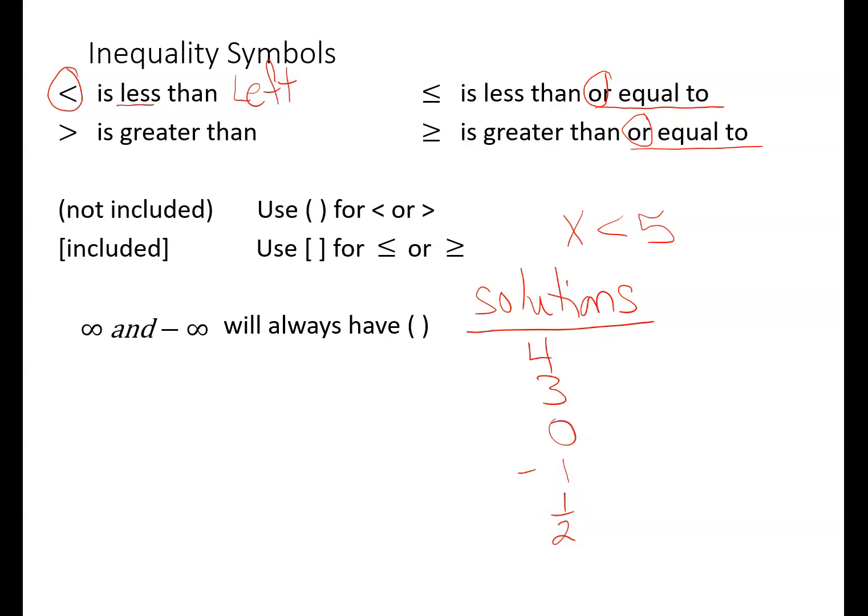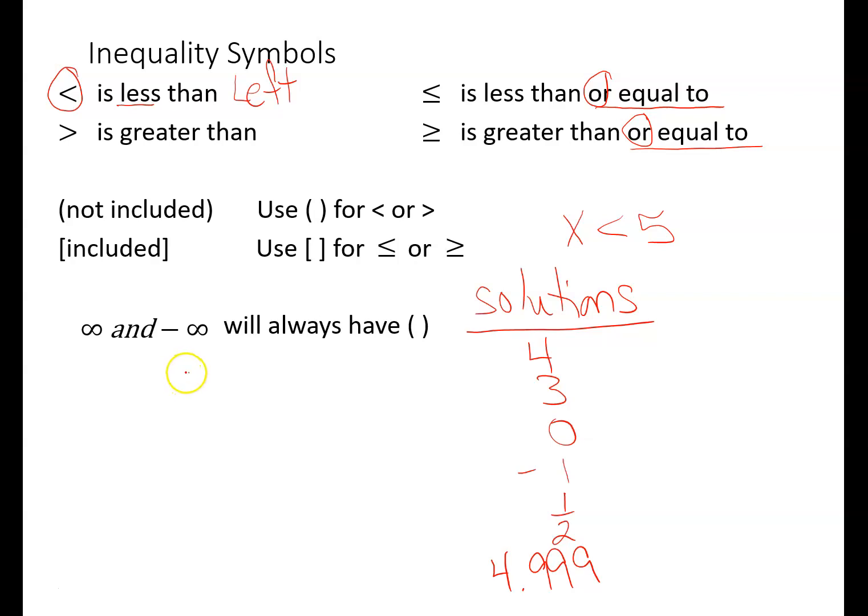There is actually no way that we could list all the solutions. There are infinitely many. We could even include 4.999. So we need another way to show the solution set without having to list all the solutions. Now, what about the number 5? Would 5 be a solution to that inequality?